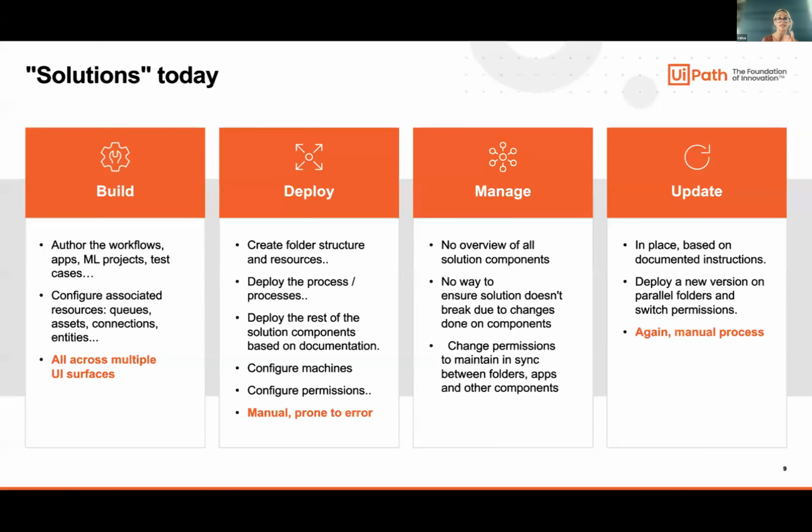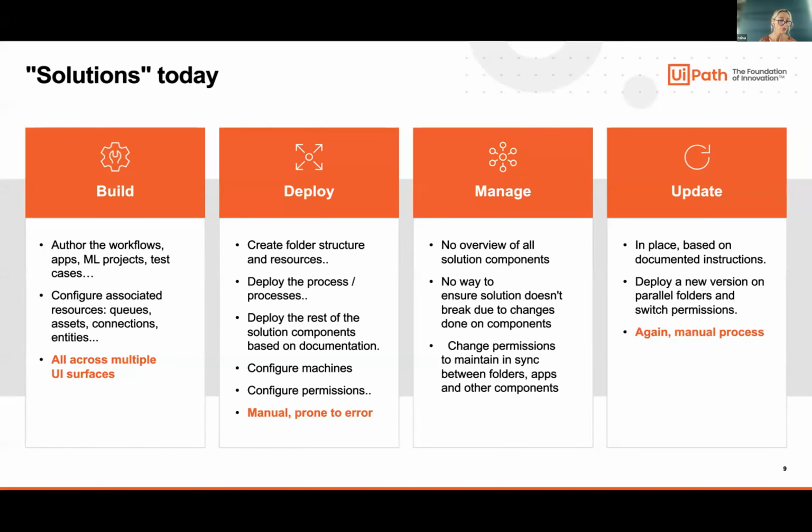What we're going to focus on today is what happens after you have the solution built and working in your development environment. So also based on the responses that I've seen from you today in the poll, from that point, there are typically two directions. It's either a fully manual process where, okay, I have this in my development environment.